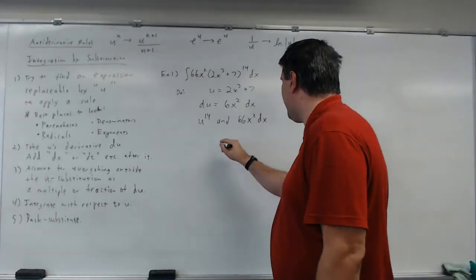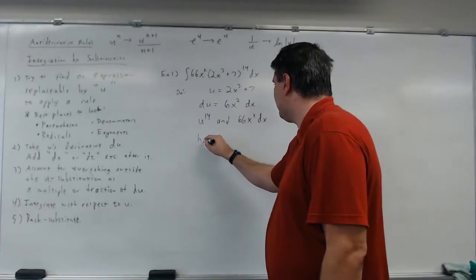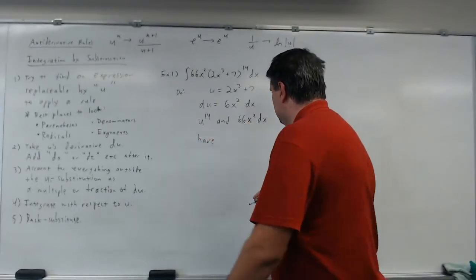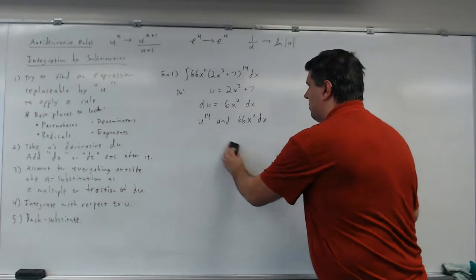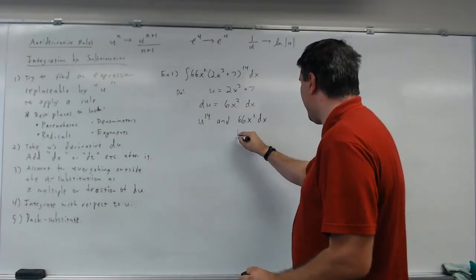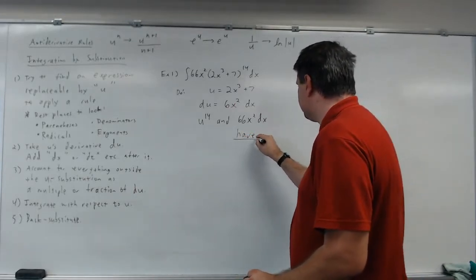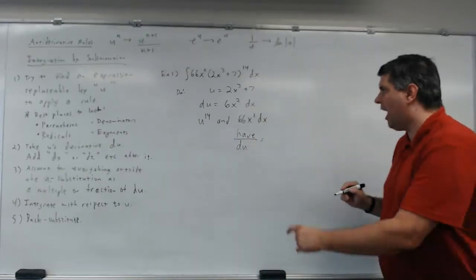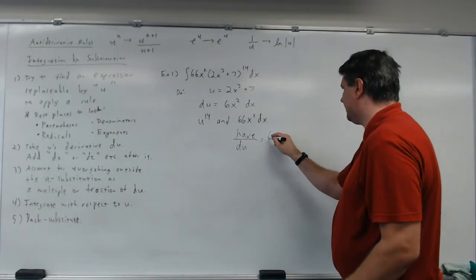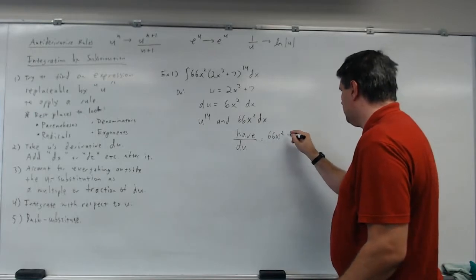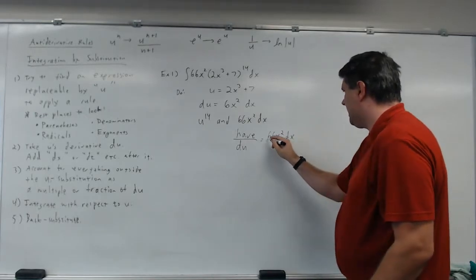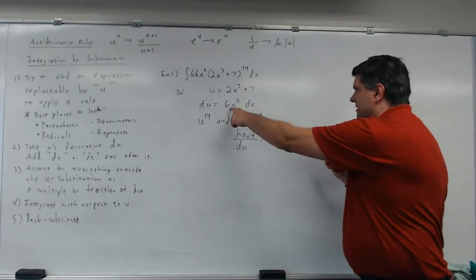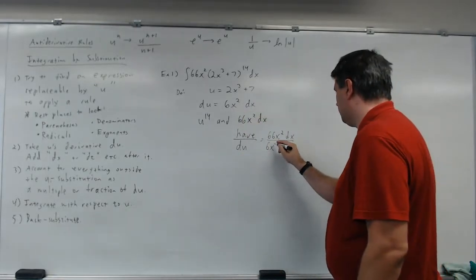So let me illustrate what this is. This is going to be half, and this is out of du. I have 66x squared dx. du is 6x squared dx.